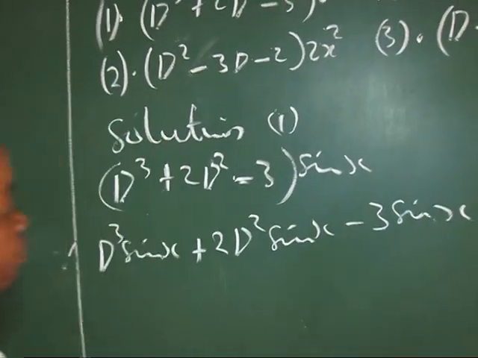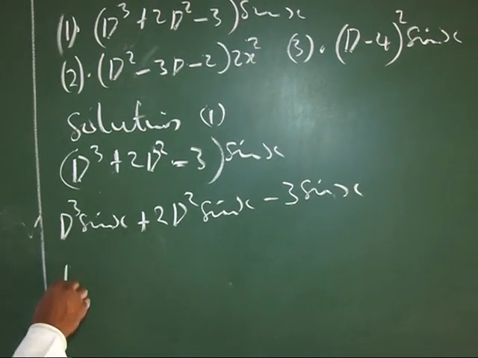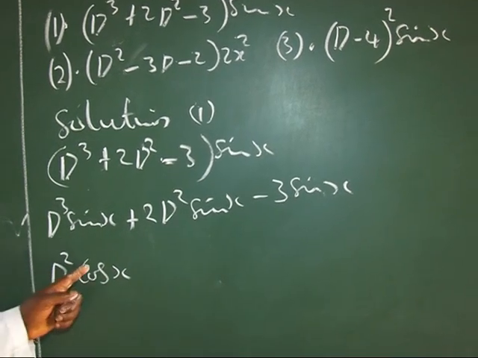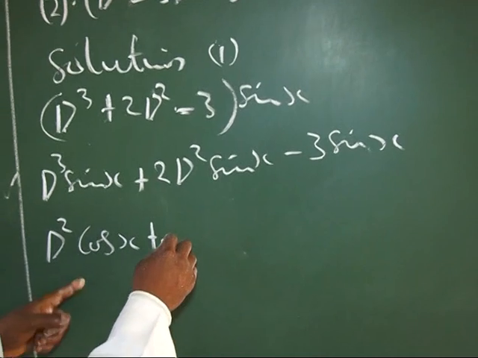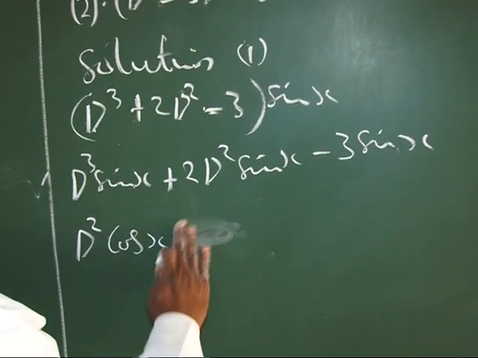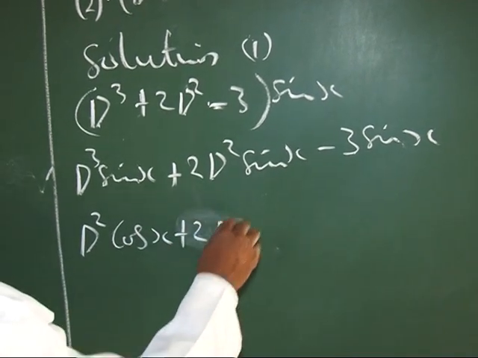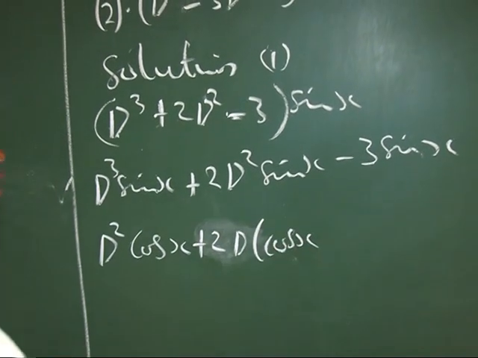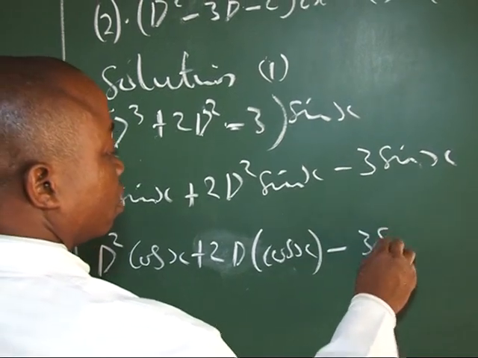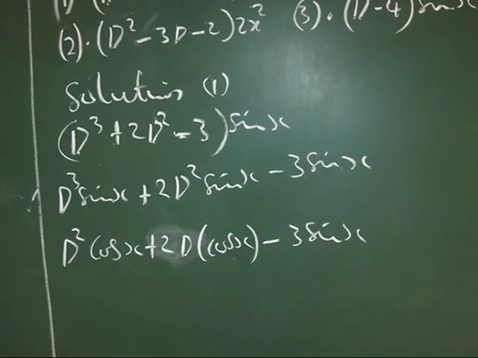sine x. Now here, we will have D squared cos x. That is, if we differentiate this, we have that, and then we have 2D cos x, meaning we have differentiated here, minus 3 sine x. You know, this doesn't have D, so we can't differentiate that.